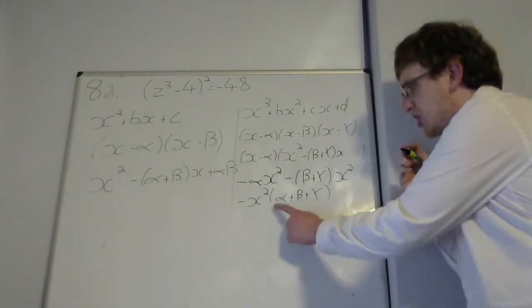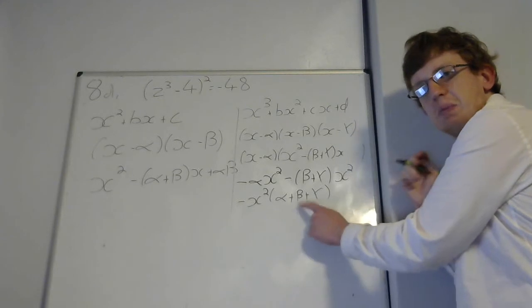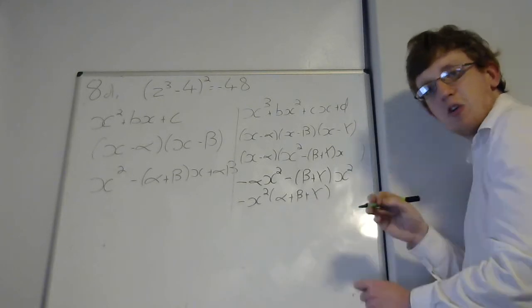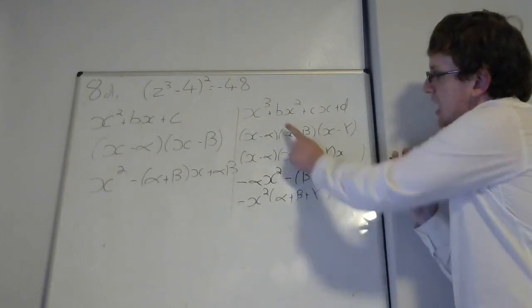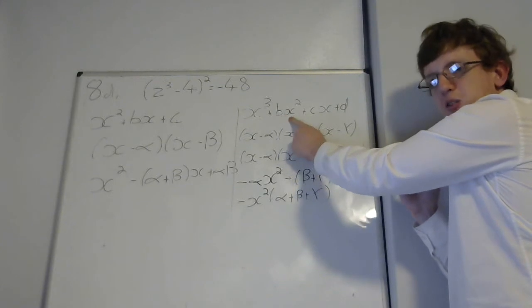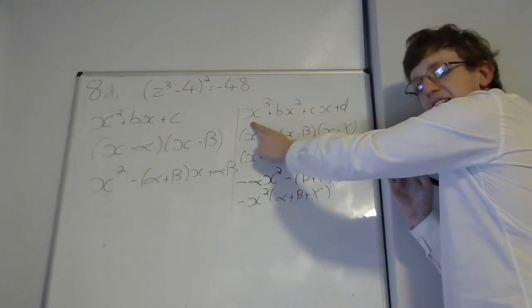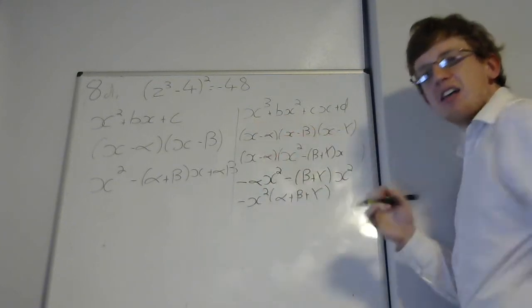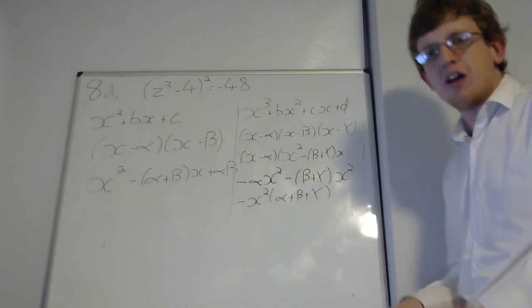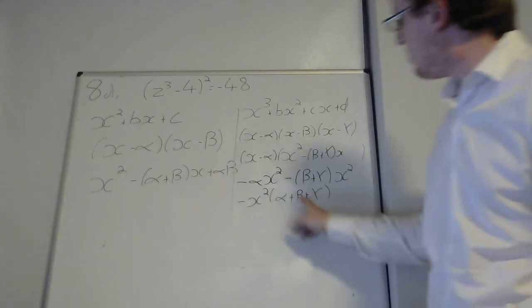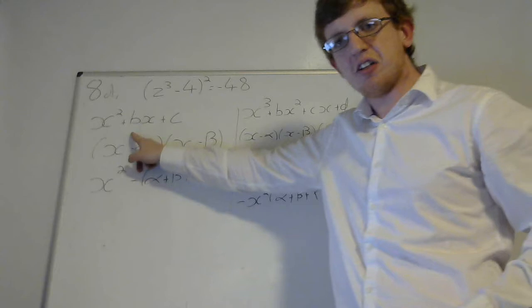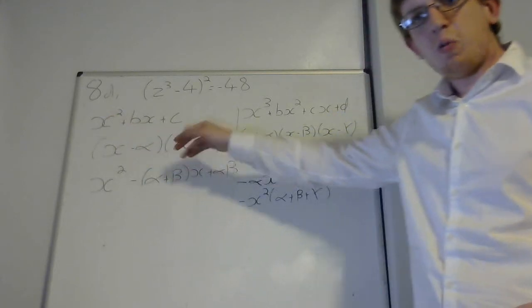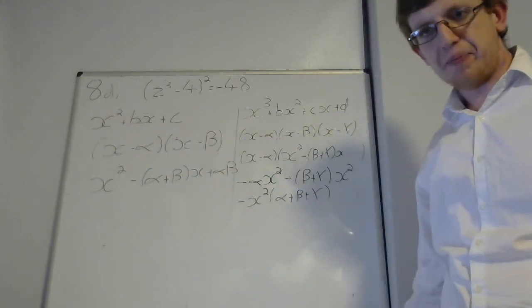So here, the sum of my roots, alpha plus beta plus gamma, is the same as the coefficient of x squared. And that's one less than the highest power of x. So that's happened both times so far. The sum of the roots has been the same as the coefficient of one less than the highest power.